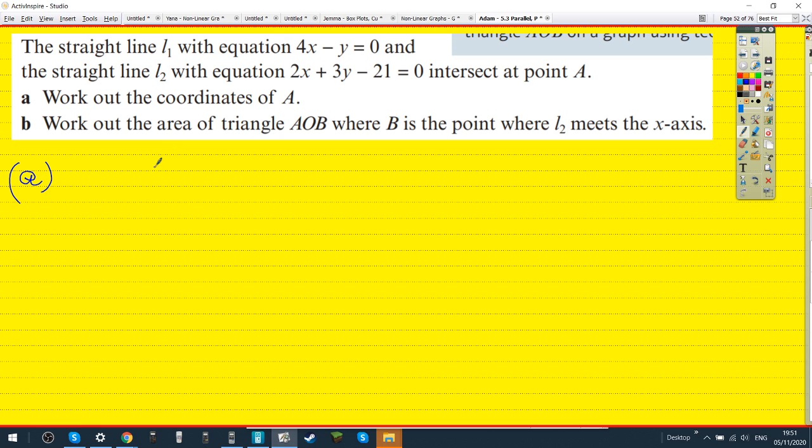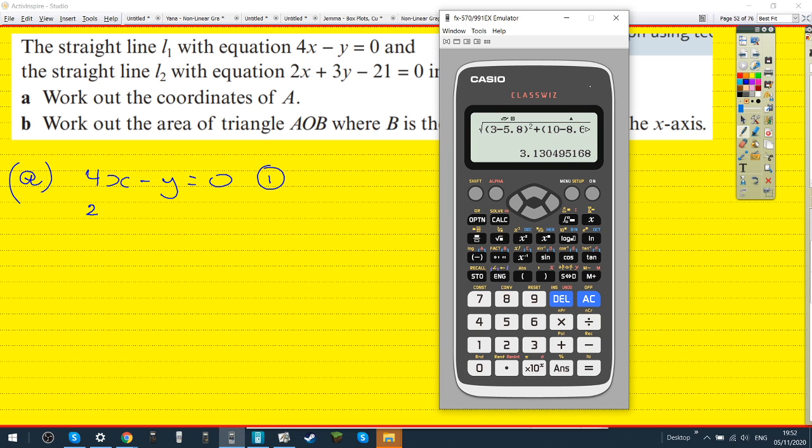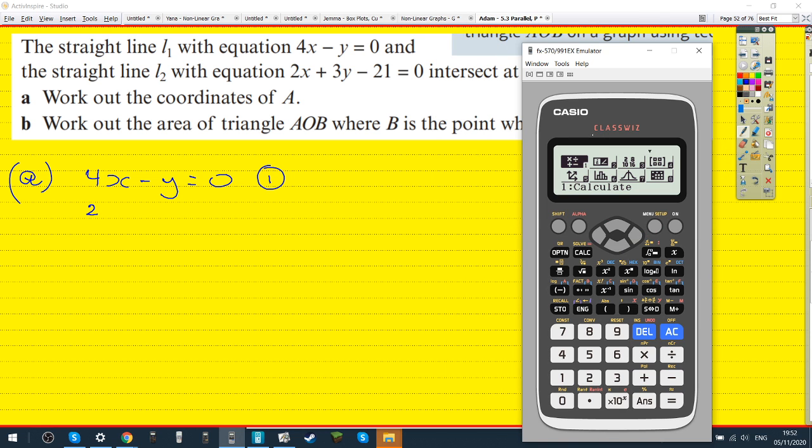So it'd be 4x minus 1 equals 0. So x is minus 3 over 2, and y is minus 6. Okay, how would you do part B?